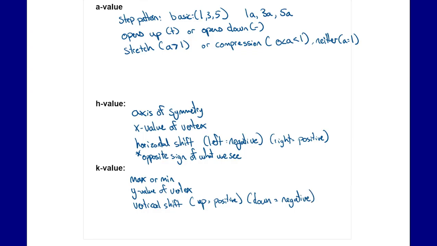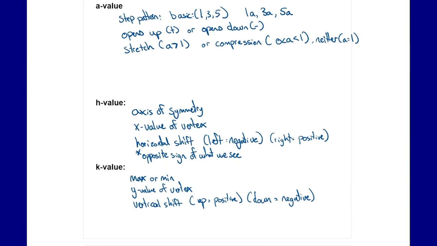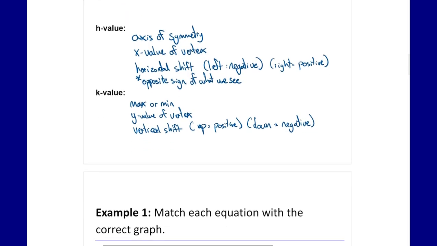So it tells us how our graph shifts. So each of these values has some specific information about our quadratic, about our parabola, about some of the key values, and also tells us a lot about its transformation, how it's changed. So again, that should be reviewed from our previous units.